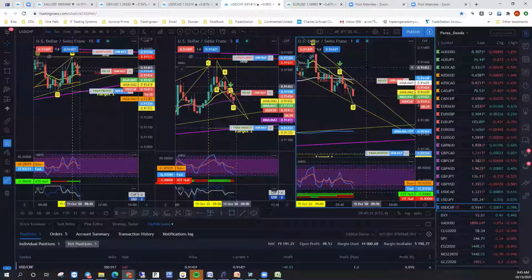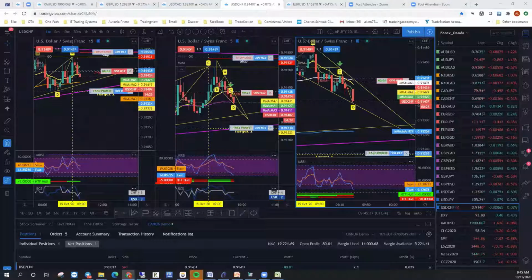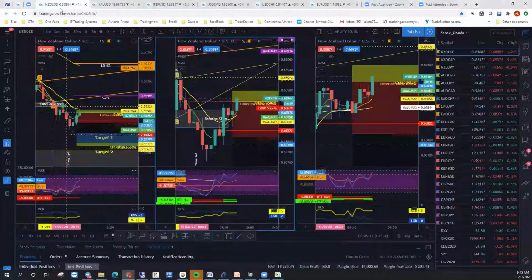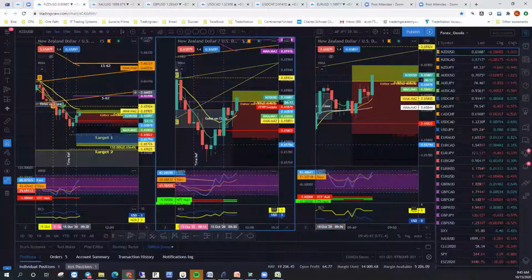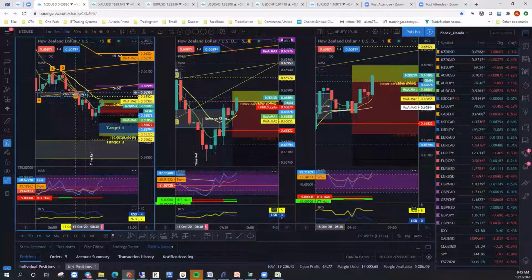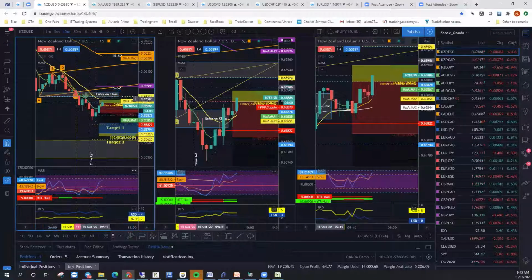The New Zealand trade looks like it's coming back up to retest the initial wedge. Here's the initial wedge. Here's where the alert was, here's where it broke, here's where our entry to sell was. Still respecting that area.